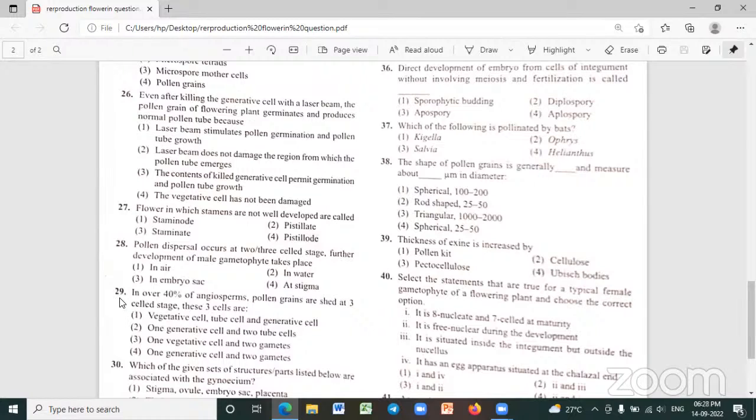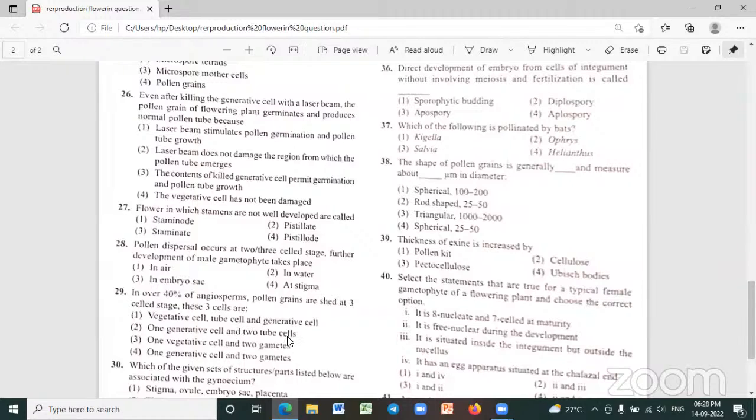And then the 29th one: in over 60% of angiosperms, pollen grains are shed at the 3 cell stage. These 3 cells are the vegetative cell, tube cell and generative cell. Which one is the correct one? Anybody else? One generative cell and 2 tube cells?